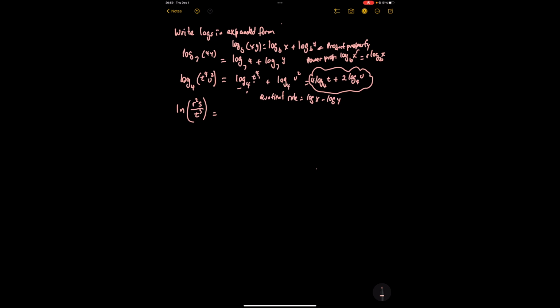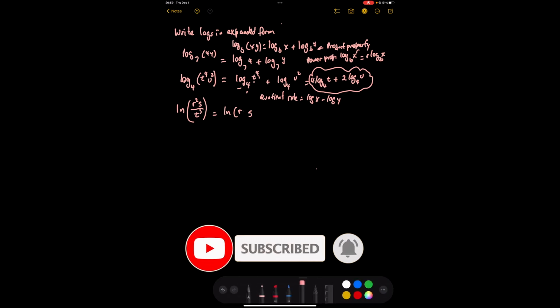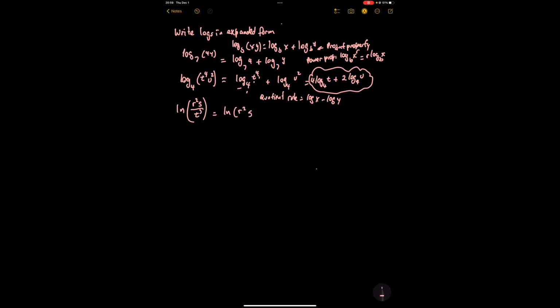Okay, so we're gonna do natural log r squared s minus natural log t cubed. You see, the first thing I did was I broke it down.